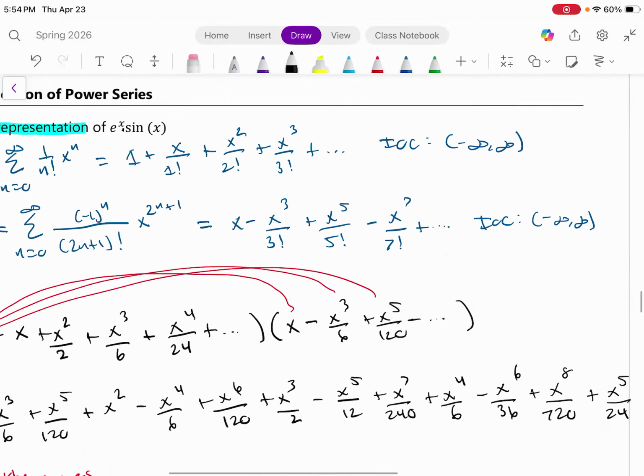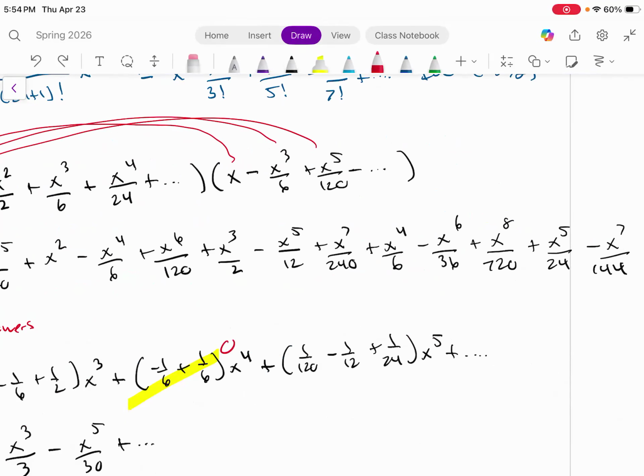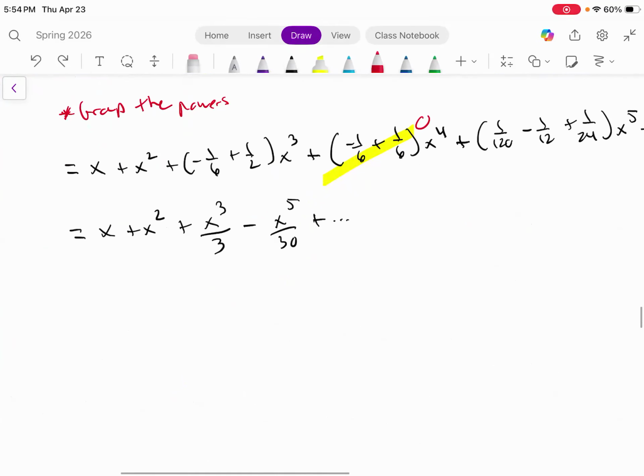We also want to communicate what the interval of convergence might be, but we can reason about that.